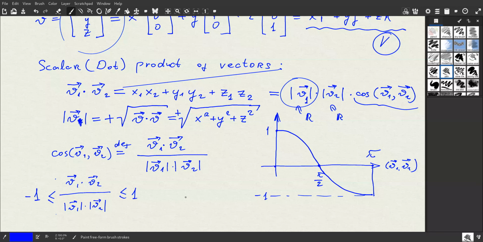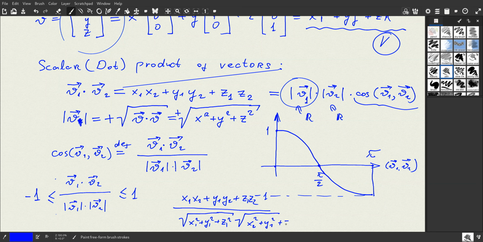In other words, if we expand x1, x2 plus y1, y2 plus z1, z2 divided by the product of square roots of x1 squared plus y1 squared plus z1 squared and x2 squared plus y2 squared plus z2 squared, it belongs to the interval from -1 to +1.